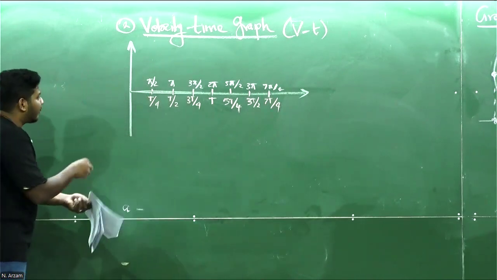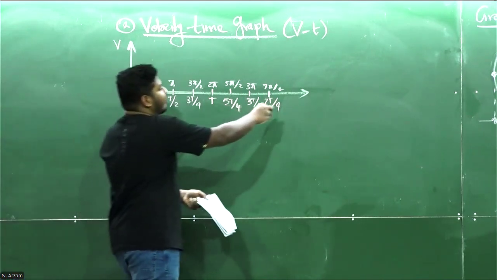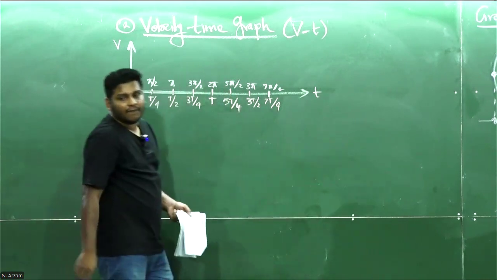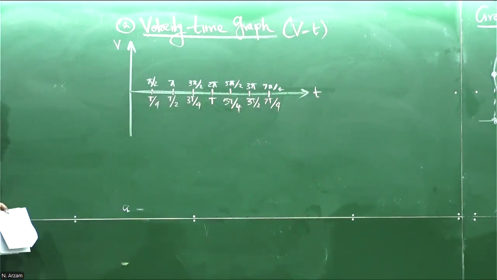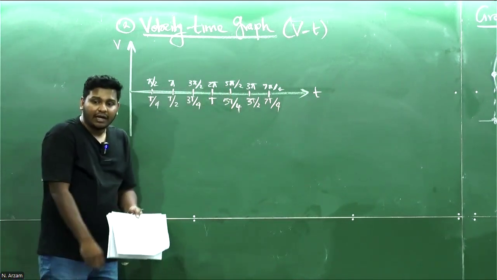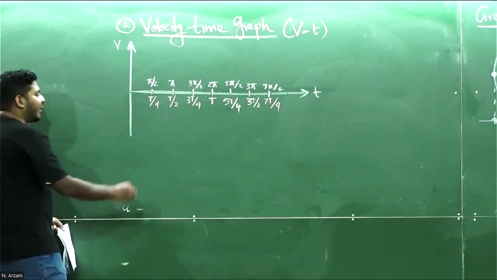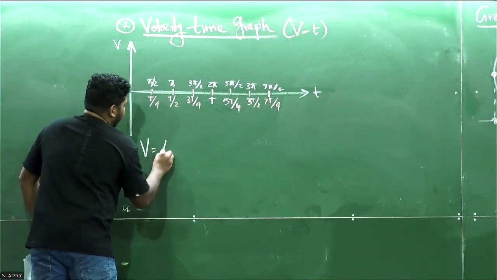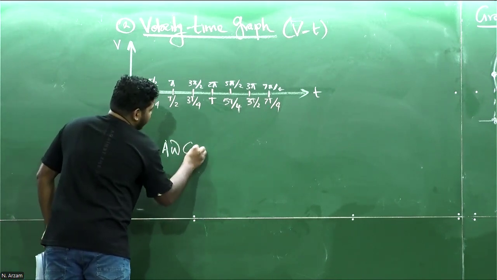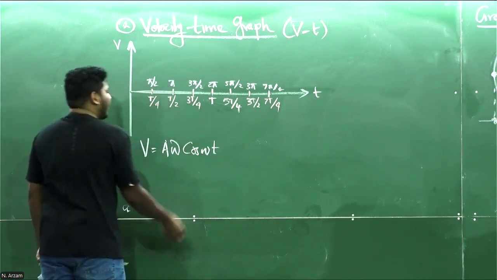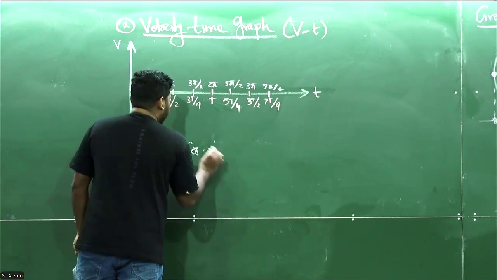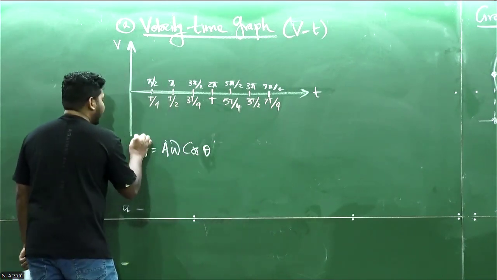This is the VT graph, right? What is the equation for the velocity? V is equal to A omega cos omega t. Very good. This is the equation.